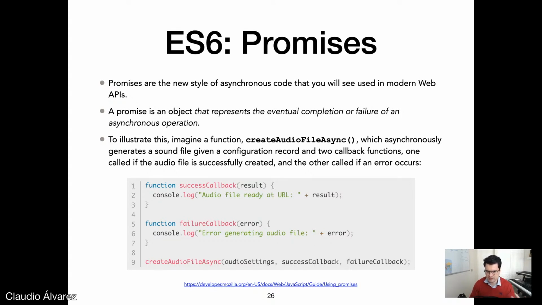We got two functions, a success callback and a failure callback. And you see that each will print out the corresponding result, good or bad, success or failure. So create audio file async will receive some settings, some options, perhaps an object containing that information, along with two callbacks, a callback for the successful outcome and a callback for the failing outcome.